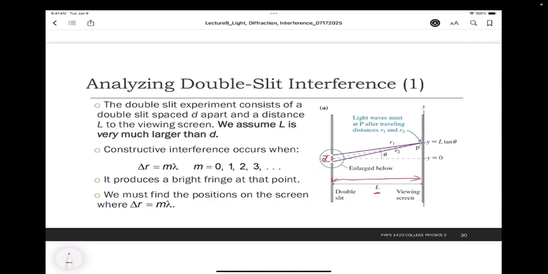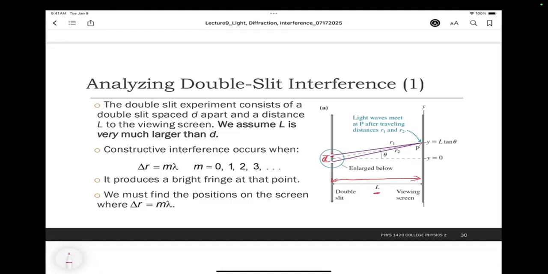We assume L is very much larger than d, because if d is very big, it will not have the diffraction situation. So we suppose d is very small and L is much larger than d.